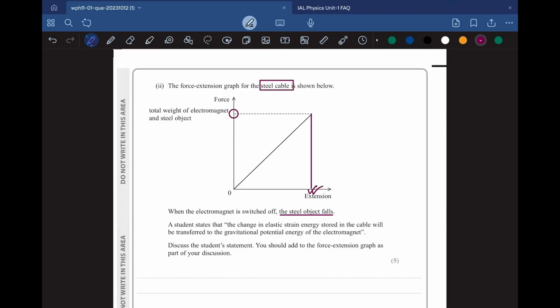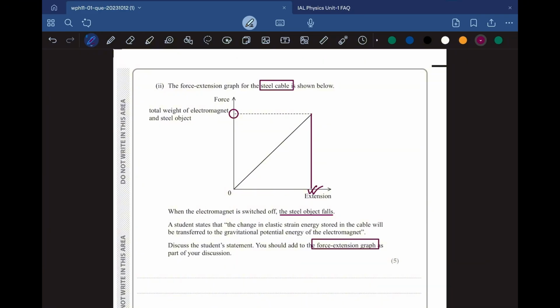Discuss whether the student's statement is correct. You should add on the force extension graph as part of your discussion. So we will have to work on this force extension graph. Always look out for this type of thing in the question, which is very important. They give us indications on how you have to answer the question. Now we have to work on the force extension graph first.